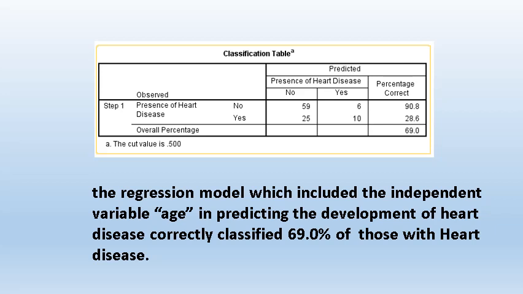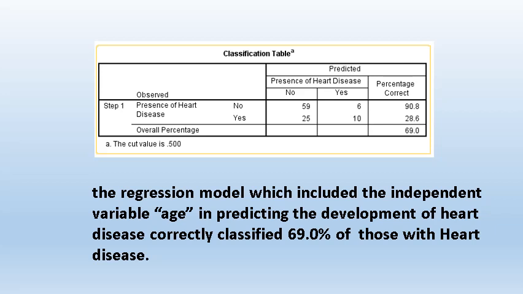Now we can go for the classification table. The classification table shows how the regression model which included the independent variable age in predicting the development of heart disease correctly classified the outcome.